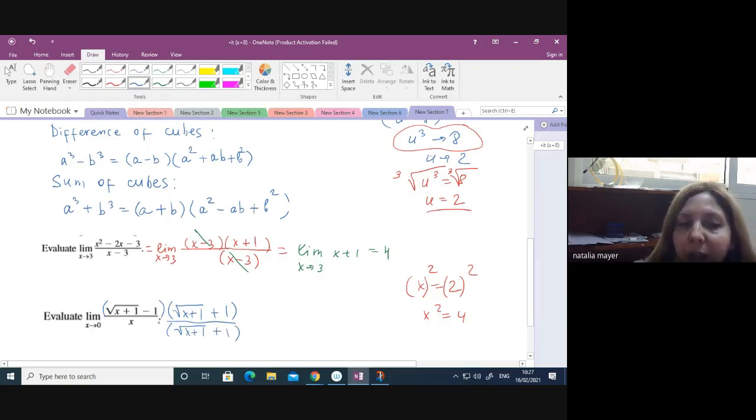What have I done? I have multiplied the expression by this expression. But did I change the initial expression? No. Why didn't I change it? How can you prove that I did not change the initial expression?